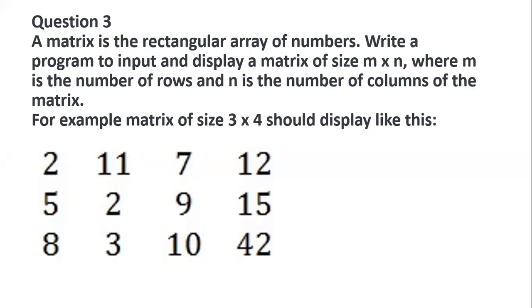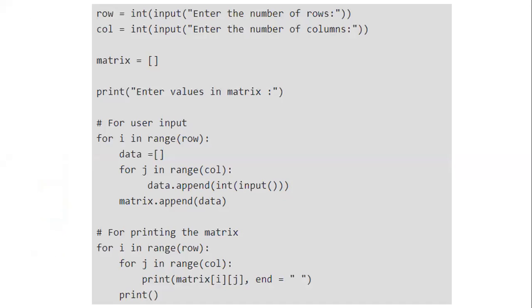For example, if we have to make a matrix of size 3 into 4, it should display like this. For this program, again, we have taken two variables, row and column. In row, we take the number of rows from the user, number of columns from the user, and then matrix is an empty list. Now enter values in a matrix, and this is a 2D list.